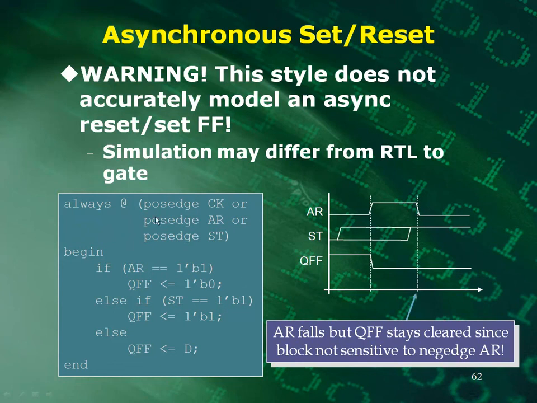Let me actually draw some of this. Let's take a look at what happens here. Let's say that our asynchronous reset goes high, like we have right here. So the Q flip-flop gets set to 0. Right here, it immediately goes to 0.